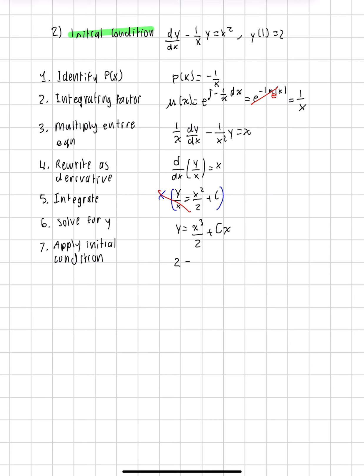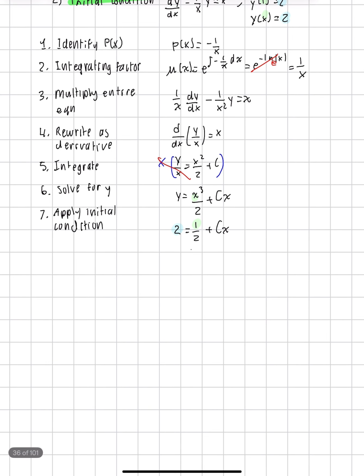So we have 2 is equal to 1 over 2 plus c times 1. We're solving for c, since that's what we want to get. So after this we get c is equal to 3 over 2.